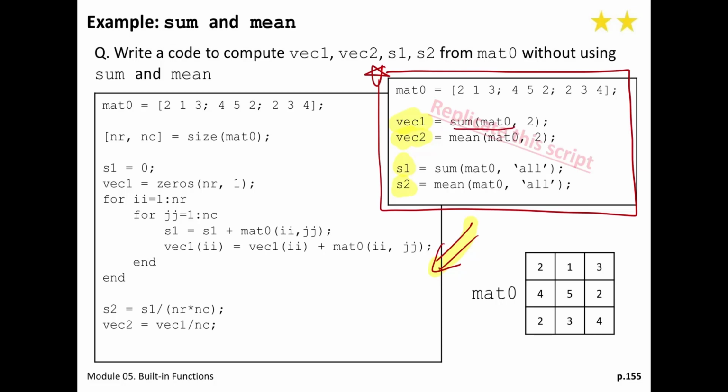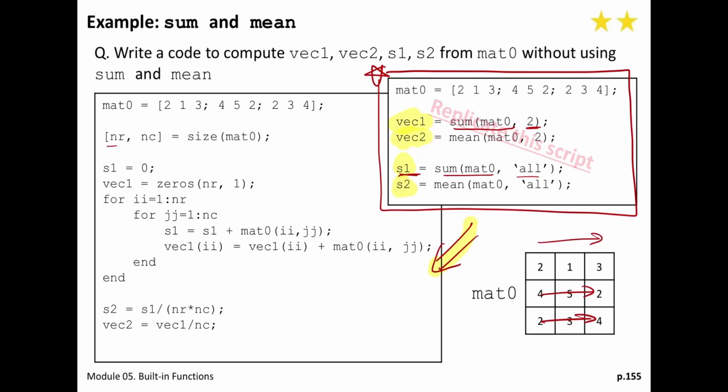Sum of mat in the second dimension is a summation of the values in the row direction, the horizontal direction. And s1 is the summation of all the values, right? So let's see this script.